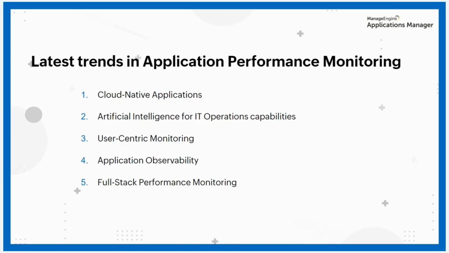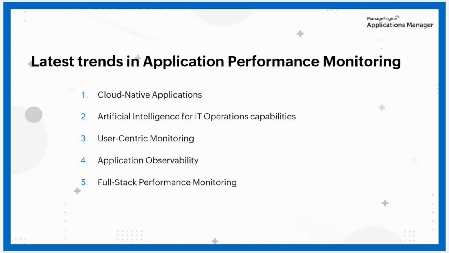The third one is user-centric monitoring. With a growing focus on monitoring user-centric metrics such as load times, interactions, and satisfaction, businesses can prioritize improvements and also improve customer satisfaction.